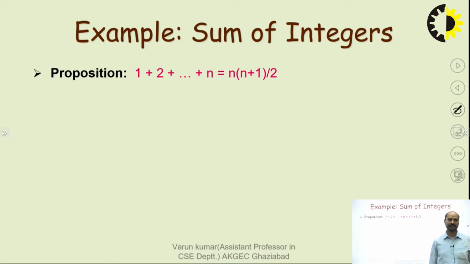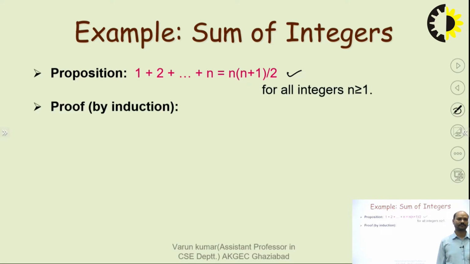So we can say that it is true for all possible values of n. Take an example: the sum of the first n integers is always n(n+1)/2. This is the formula which we have studied already in 11th or 12th class. Then how do we prove that this particular predicate is true for all values of n? So take the first step, that is the basic step.